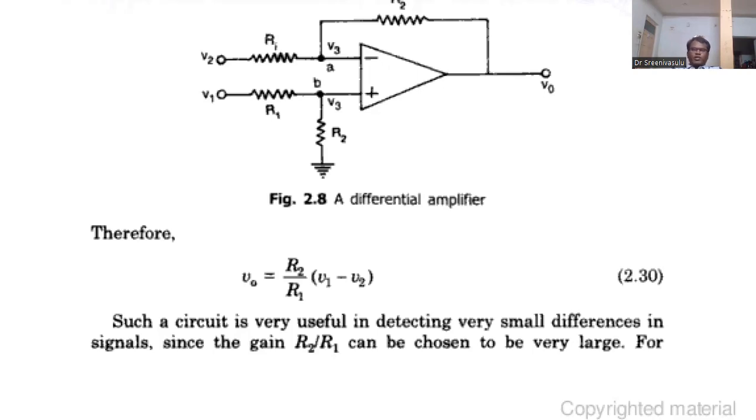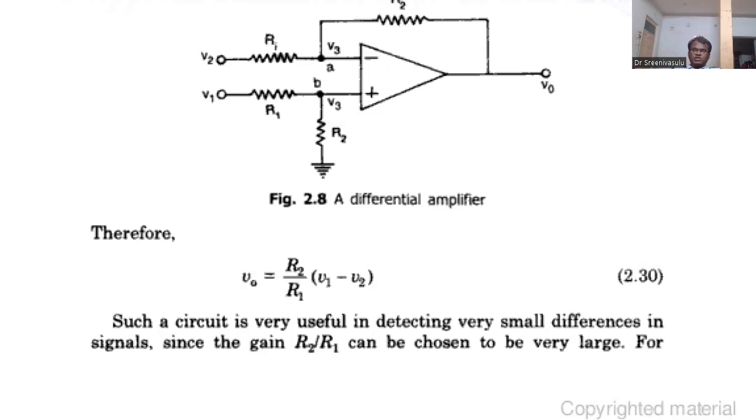One type of problem is common mode. Common mode means, from the concept of this differential amplifier, if we apply voltage V1, voltage V2 is 0.